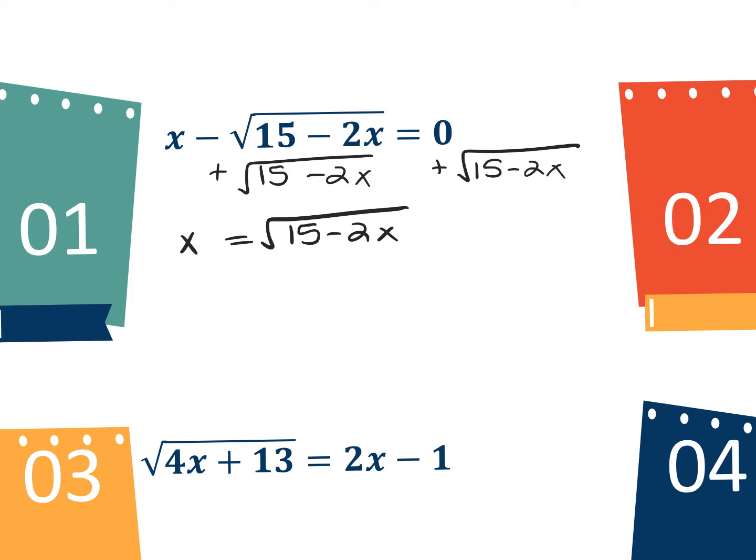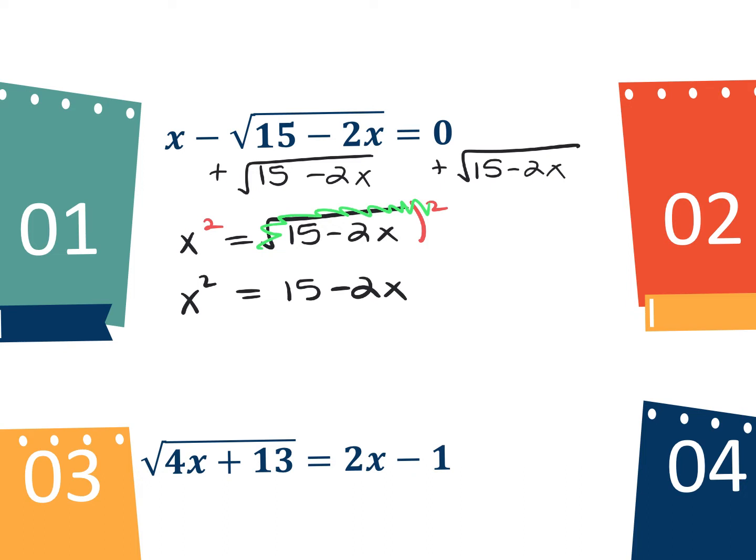Second step, square both sides to eliminate the radical. So I'm going to square this side and this side. The right side, squaring that radical makes it disappear. And now I'm left with x squared equals 15 minus 2x. I need to get this quadratic equation into standard form so I can solve it.